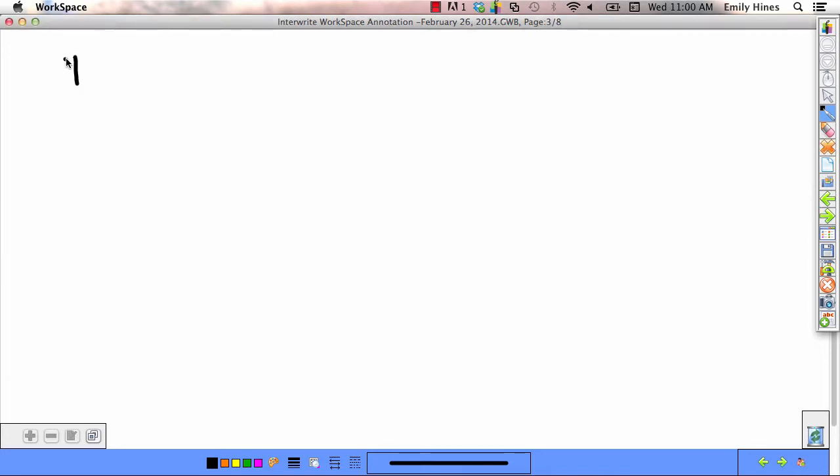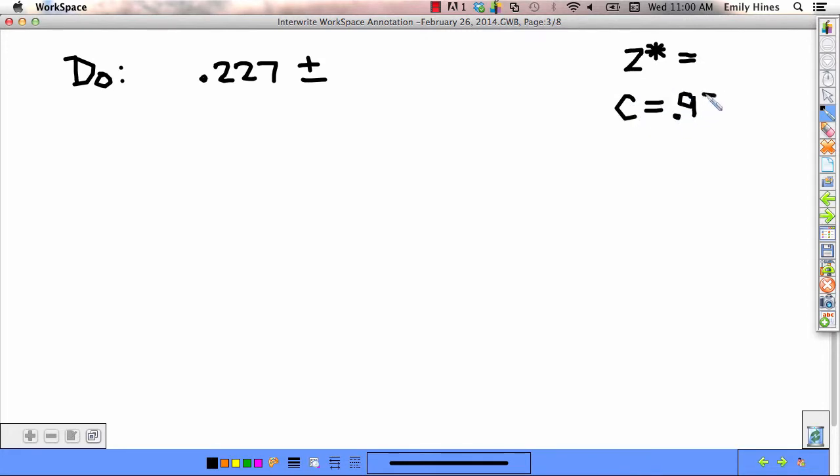Okay, so then I do my do statement, and this time, it's just a matter of plugging in my interval. My p hat value was 0.227, plus or minus. I do need to look up my z star. I need to find out what my z star is for a 95% confidence level. So I either go to table A or I do inverse norm.